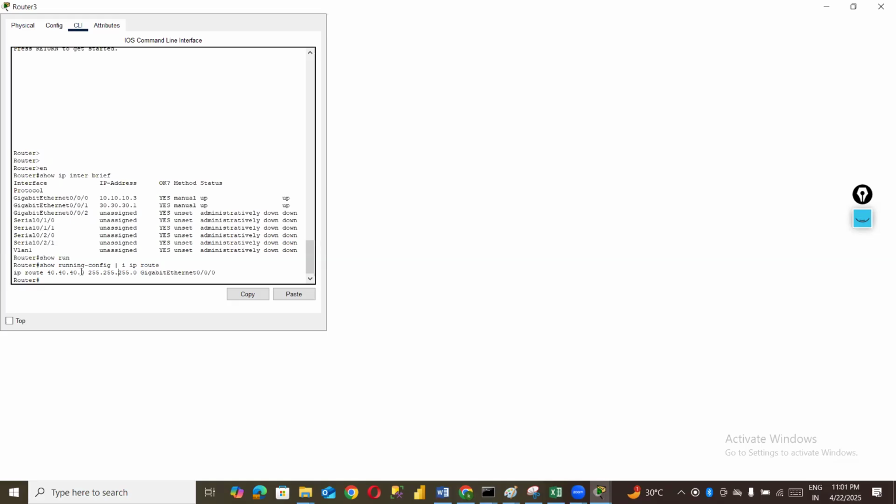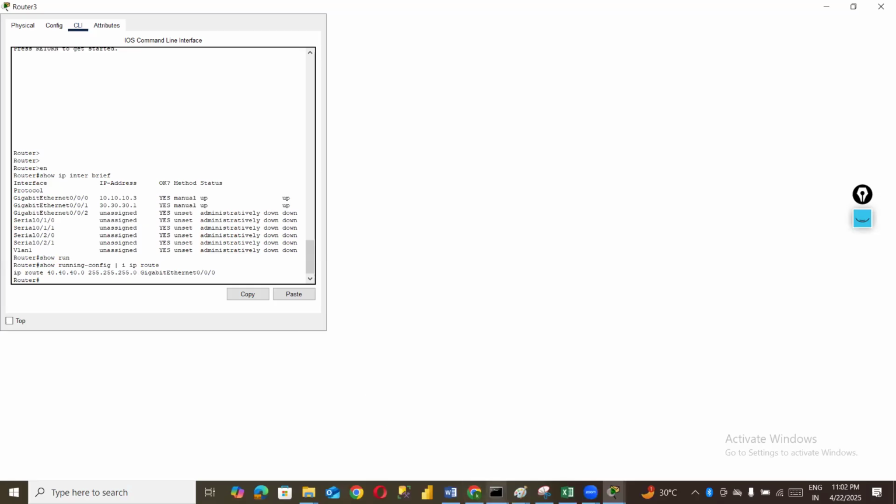Only /24, so 40.40.40.0 to 40.40.40.255, only these IPs you have to reach. After that, if 40.40.41 comes, we need not reach it. So that's what we are telling, and we advise that the next stop is here, you can go via like this, right?